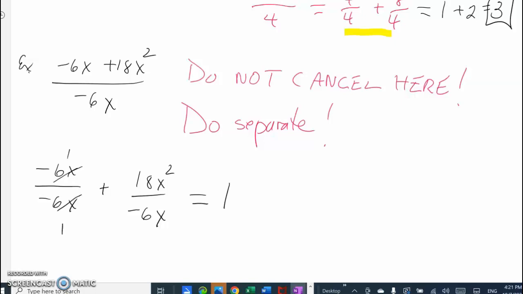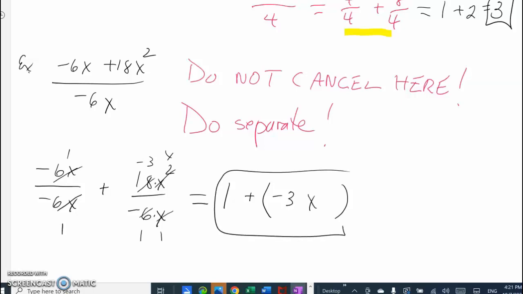I'm going to put a dot in between and continue to divide. 18 divided by negative 6 is negative 3. And x squared divided by x: x goes into x squared x times. So this becomes x. Now this answer is certainly correct, or you can write it as 1 minus 3x.